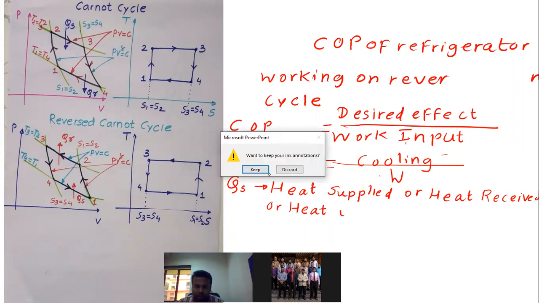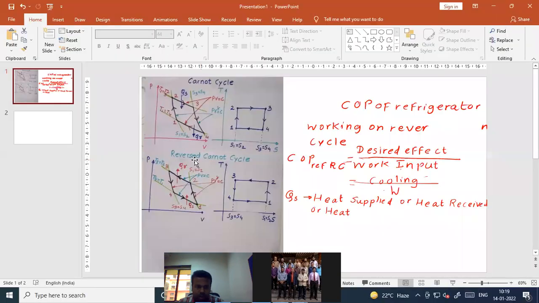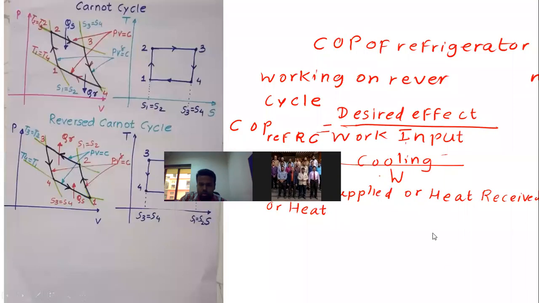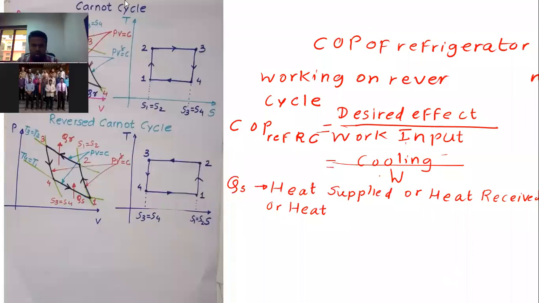You can call that heat abstracted. So this is nothing but heat supplied or heat received.